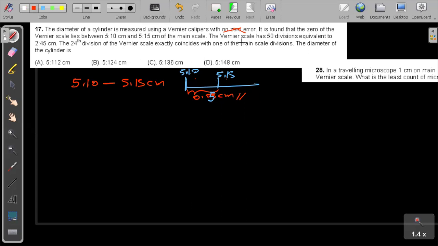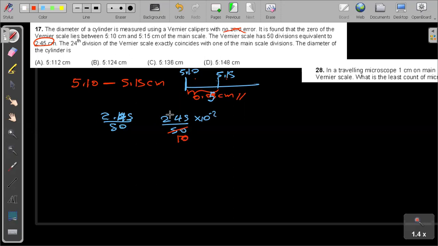So it says the vernier scale has 50 divisions equal to this much. Let's find out the vernier scale division. Now it is 2.45 over 50, which is going to be the least count of the vernier scale. I will write 245 into 10 to the power minus 2 over 50. How many fives are there? 10.